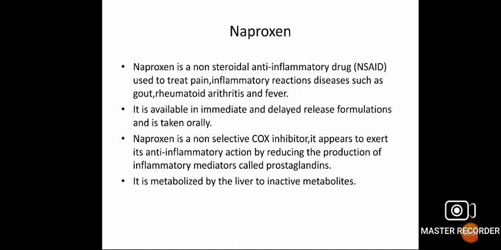It is available in immediate and delayed release formulations and is taken orally. Naproxen is a non-selective COX inhibitor. It appears to exert its anti-inflammatory action by reducing the production of inflammatory mediators called prostaglandins. It is metabolized by the liver to inactive metabolites.